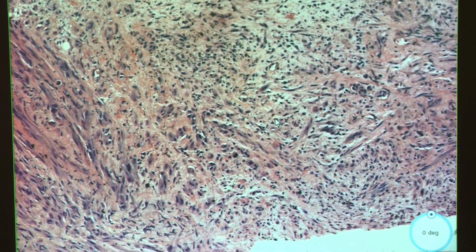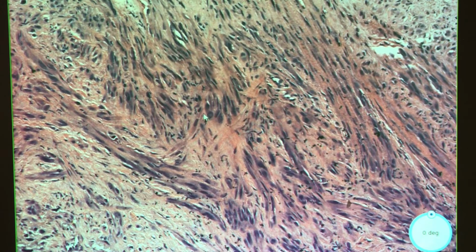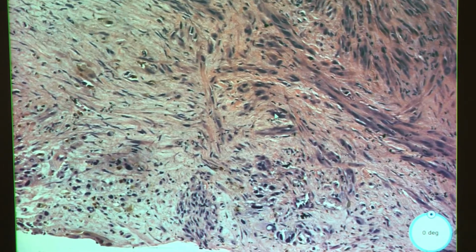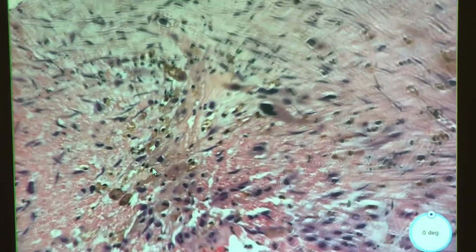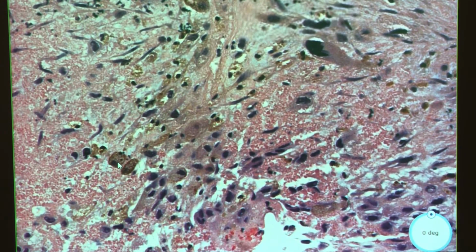Regardless of what we're thinking this is, we can tell almost immediately that this does not belong in breast. We have all these strange shaped cells. These ones are spindly. But what's going on with these nuclei? They're very, very irregular. Here's our hint. Is anybody on?